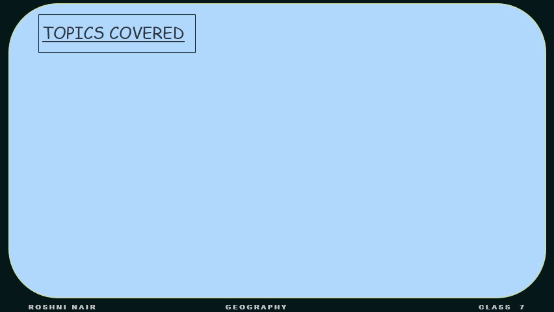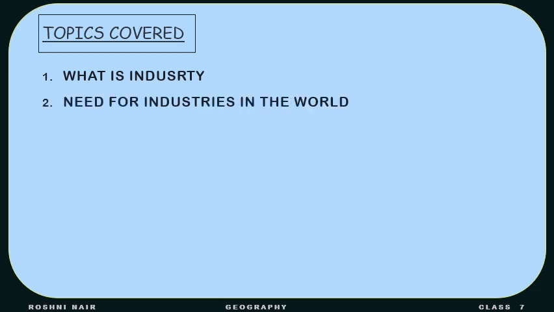Now, before I start my chapter, let us mark the portions which are covered from this chapter. That is, according to the new syllabus, what all topics we will be covering in this chapter. So, you can open page number 68 in your textbook. We will be covering the first heading, that is, what is an industry. Then, the second topic will be need for industries in the world.